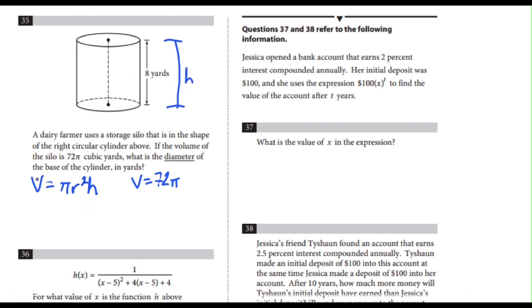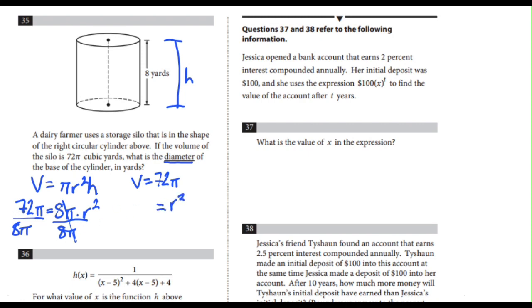So we can plug in all of these values. V is going to be 72 pi. We're going to move this h in front and say 8 pi times r squared. In order to get r by itself, because then that's what will lead us to the diameter, we have to divide each side by 8 pi. On the left side, the 8 pi's cancel, and we have r squared.